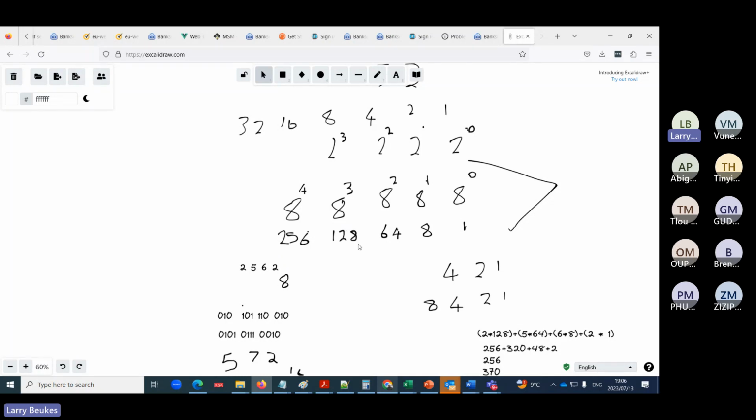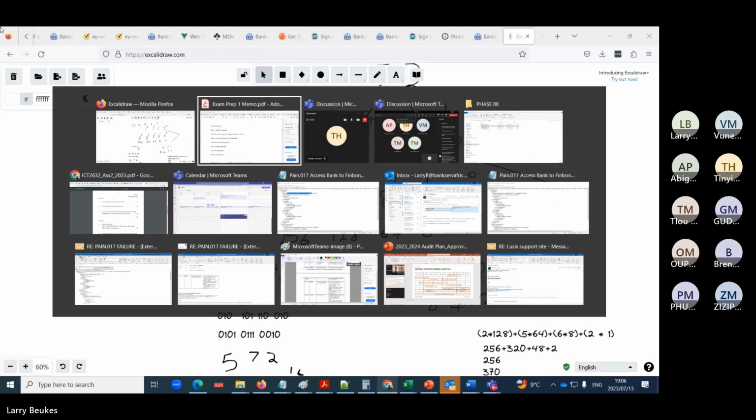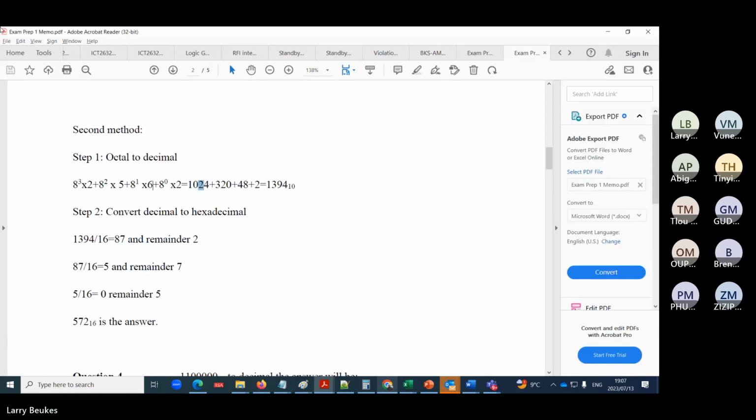Can someone verify for us what's 8 to the power 3? I think it's 1024? 512. Is it 512 or 1024?